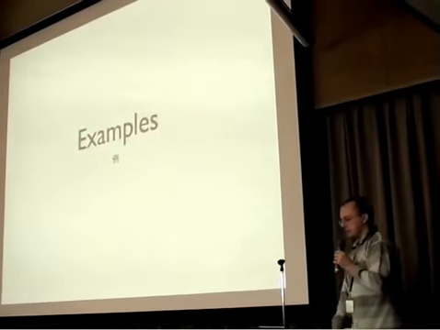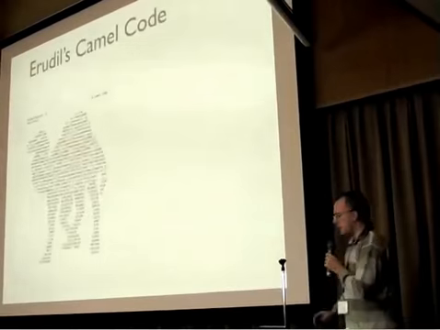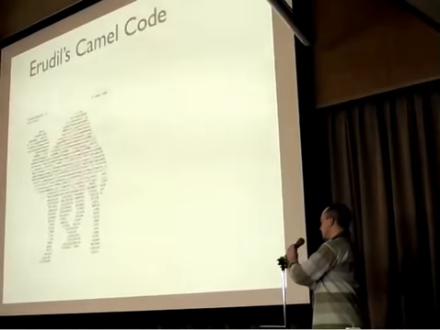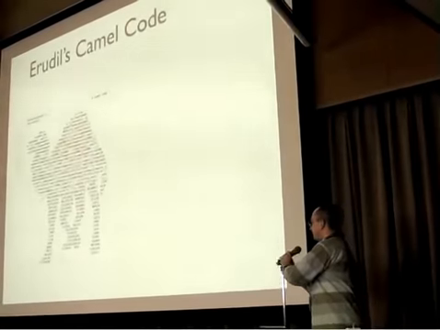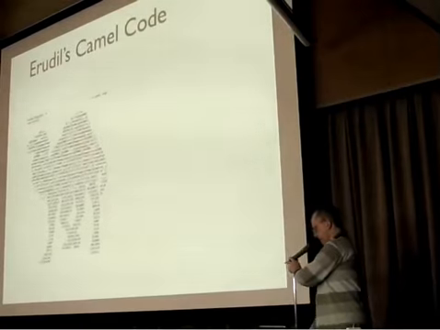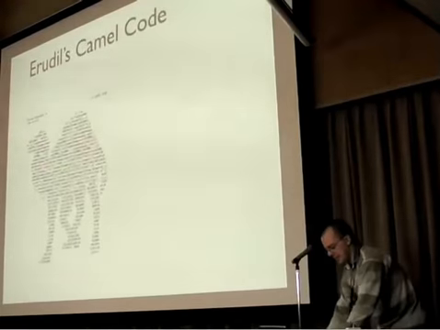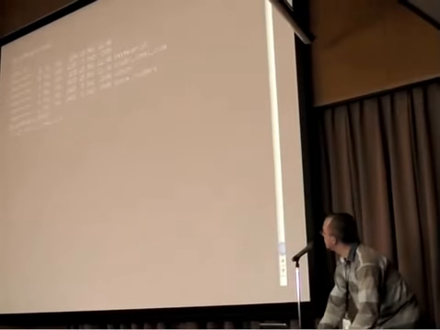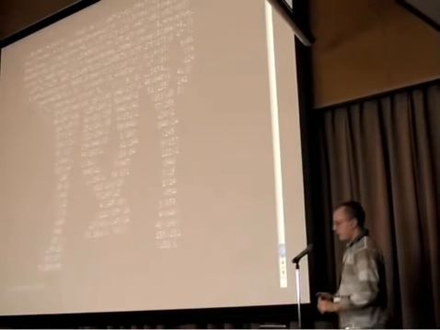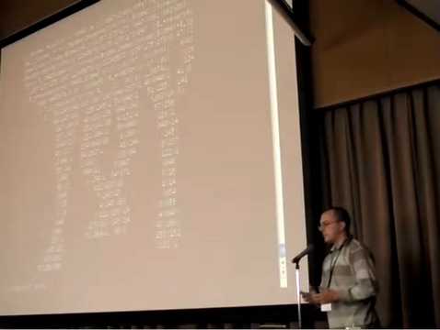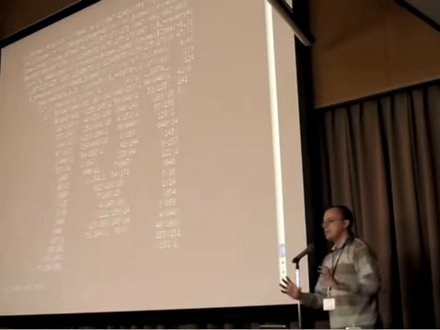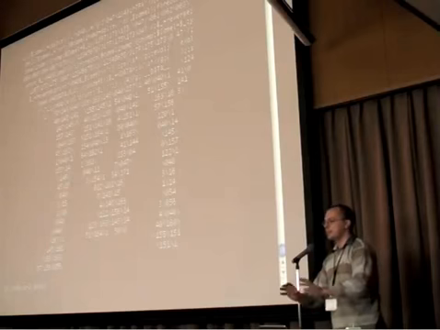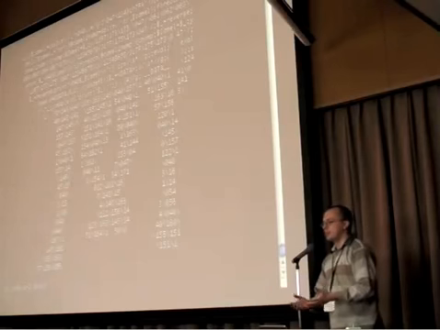A couple of examples. Irreducible camel code. The funny thing about this is, when you run this code, it's going to read itself, resize itself, and print itself out in 4 different ways.